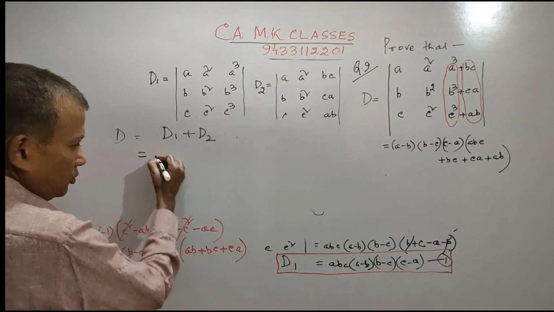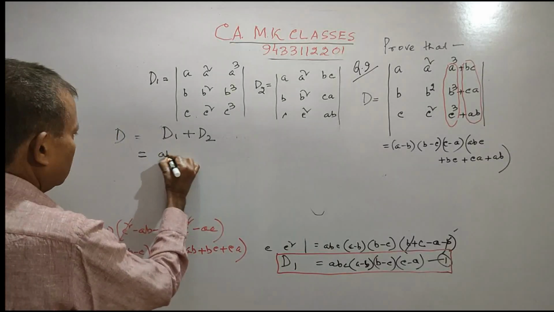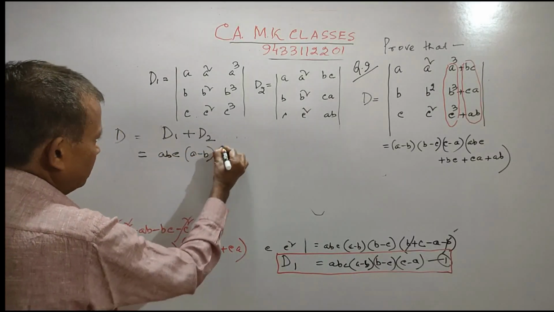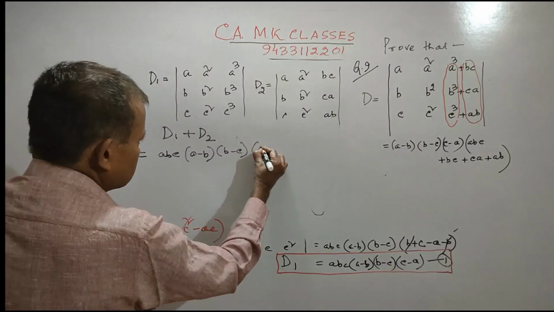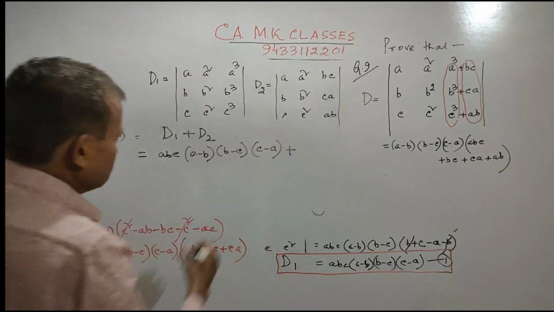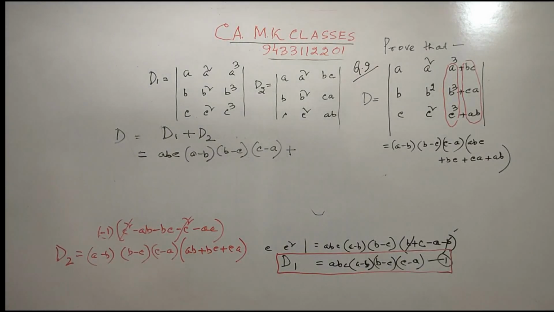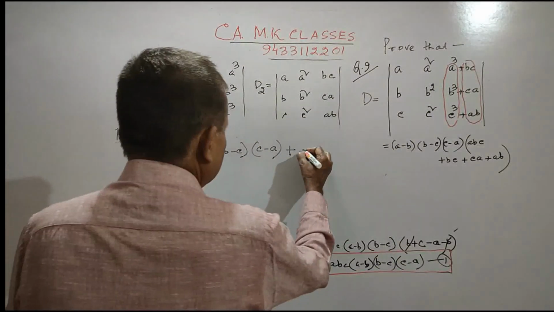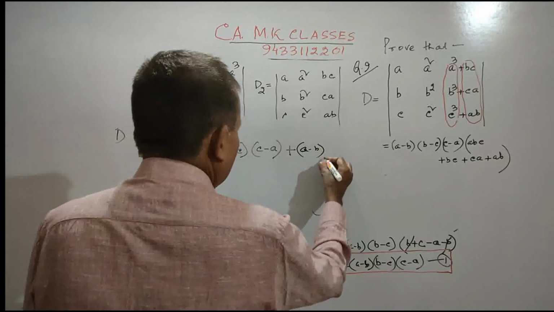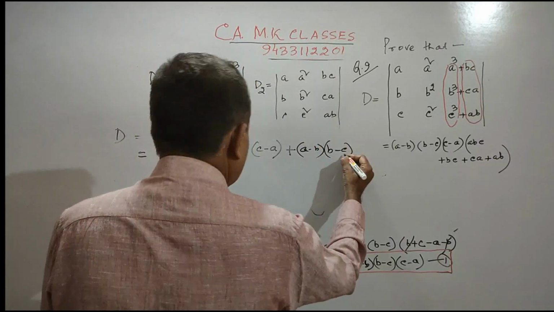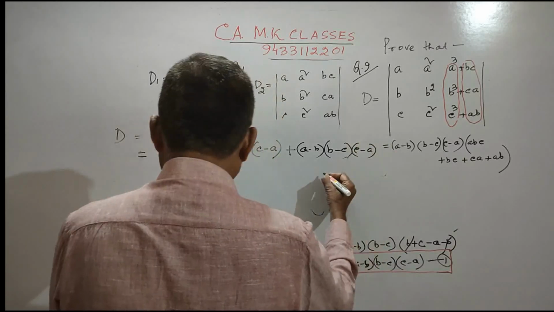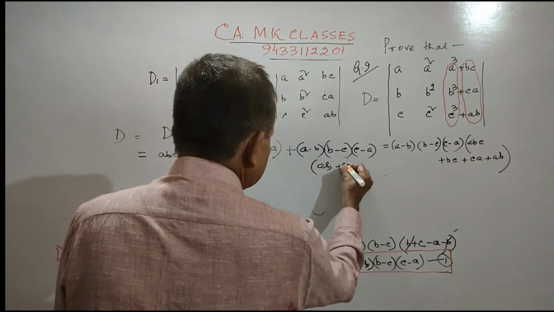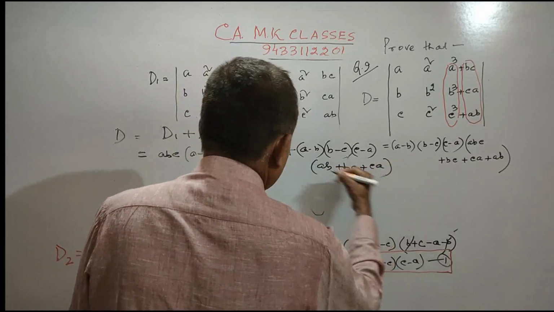D1 is equal to abc, a minus b, b minus c, c minus a, plus D2. D2 is your a minus b, b minus c, c minus a, ab plus bc plus ca.